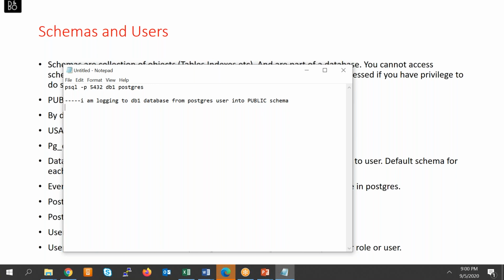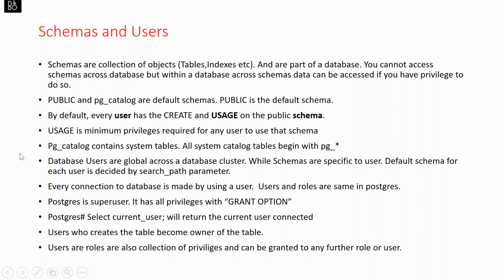For example, Gopi as a user: psql -p, then the database name, might be db1 or db3, and Gopi user. So Gopi user by default will go to the public schema using the Gopi user into the db3 database. This is the way I am connecting always.